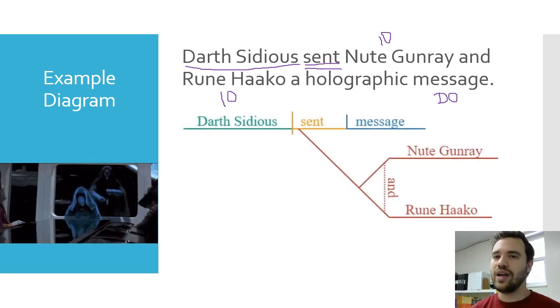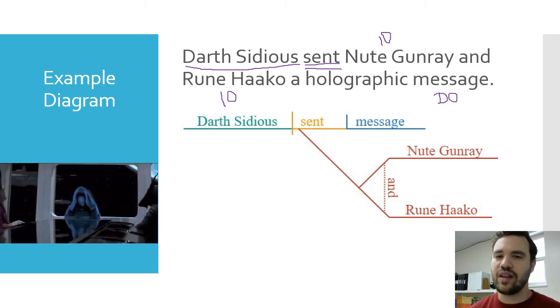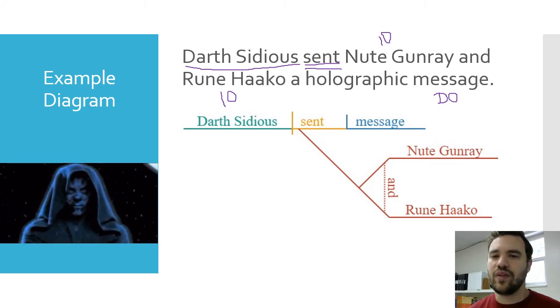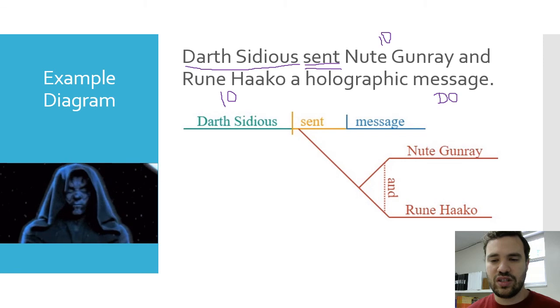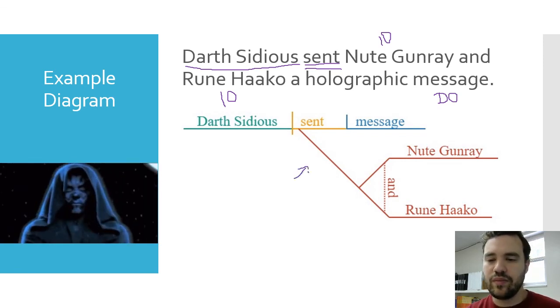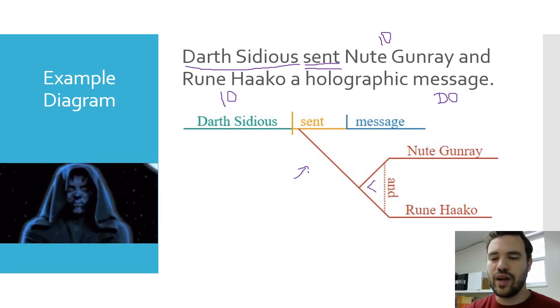All right, so again, very similar. We've just got a split on the indirect object line. So we've got our subject, Darth Sidious. We've got that vertical line cutting through before the verb sent. We've got that vertical line that stops before the direct object message. Then, true to form, we've got this slanted line coming down from the verb. And then it splits off since we've got two indirect objects.